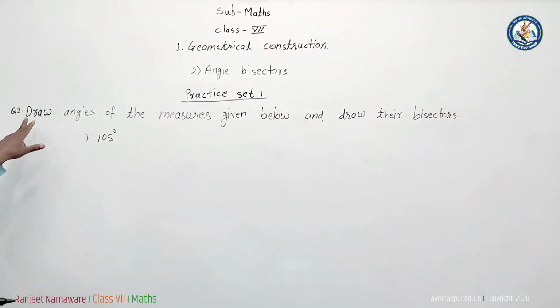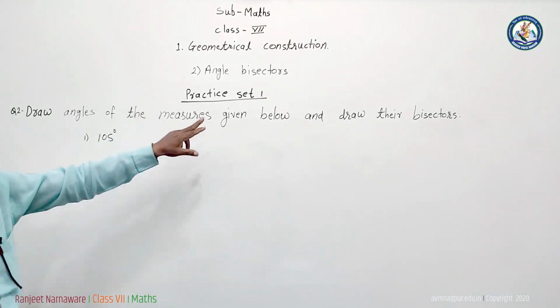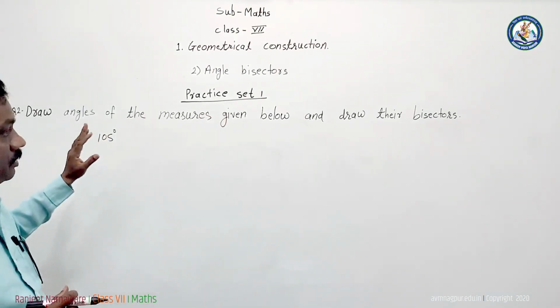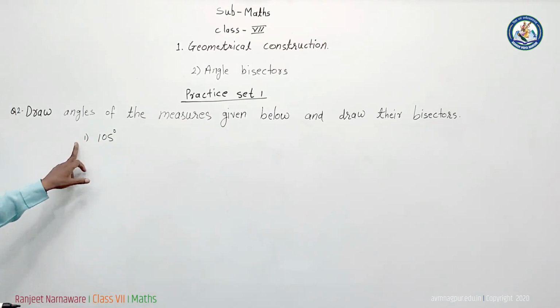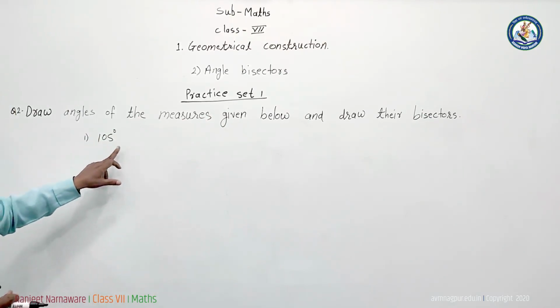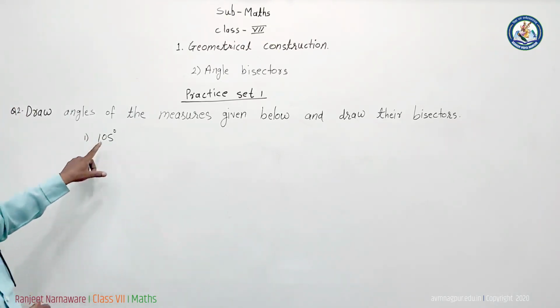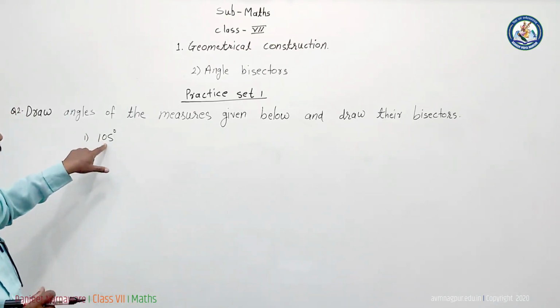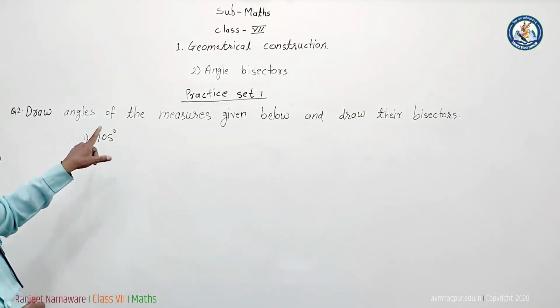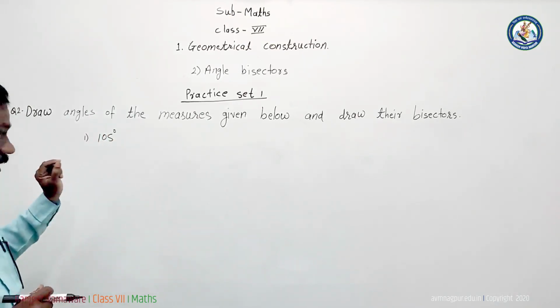Question number 2 is: draw angles of the measures given below and draw their bisectors. First one is given 105 degree. Means here we have to draw an angle of 105 degree. After that we have to bisect it.